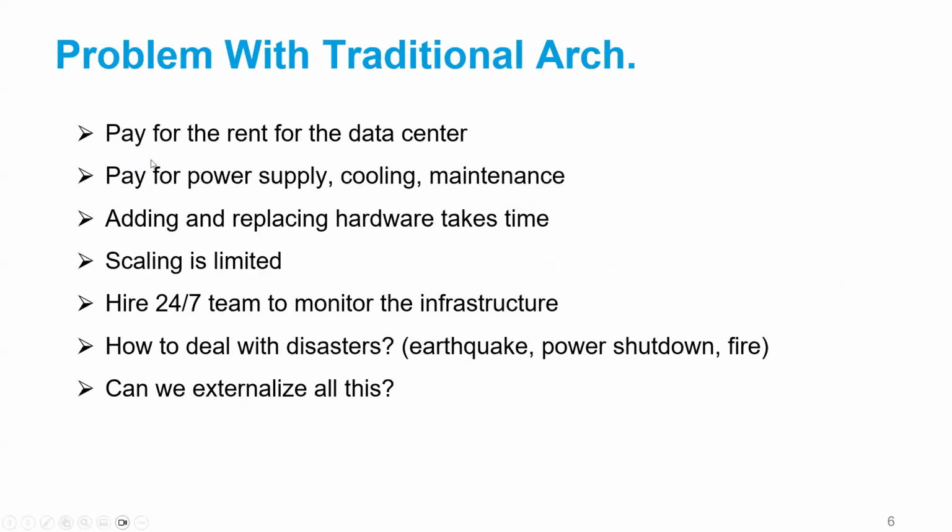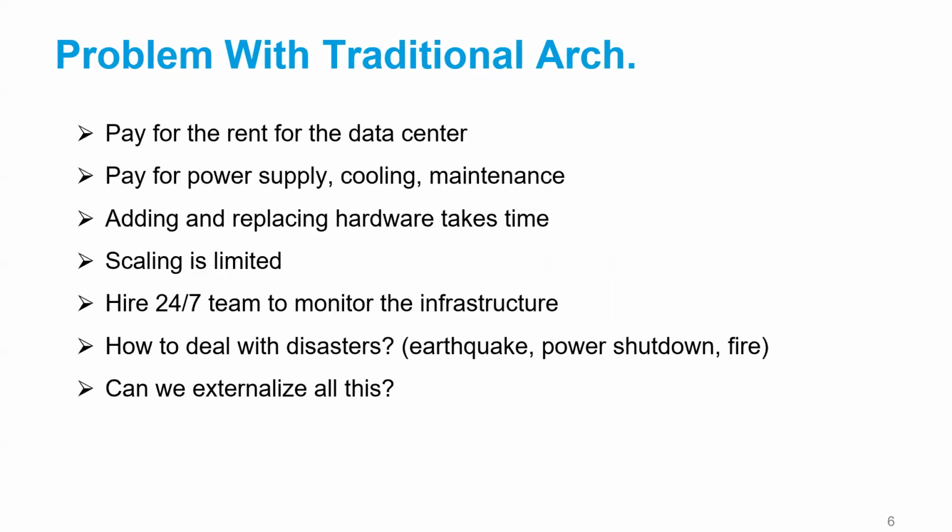All right, guys, these are the problems of traditional architecture. First of all, you have to pay rent for the data center because you have to put all those machines in some space. Rent can be very huge because those are big buildings with power supply backup, cooling and maintenance.